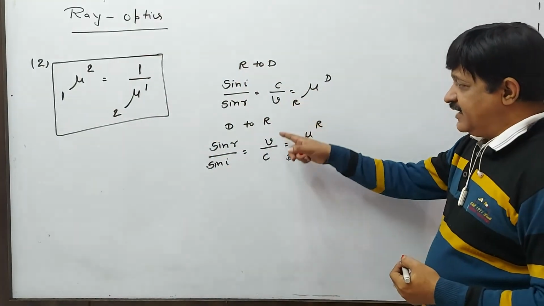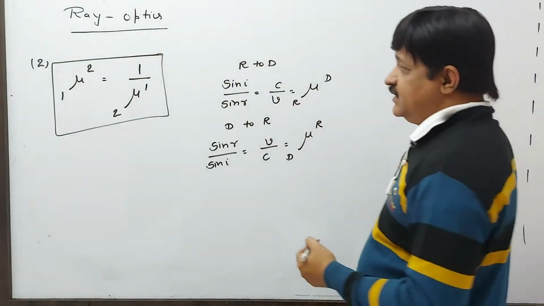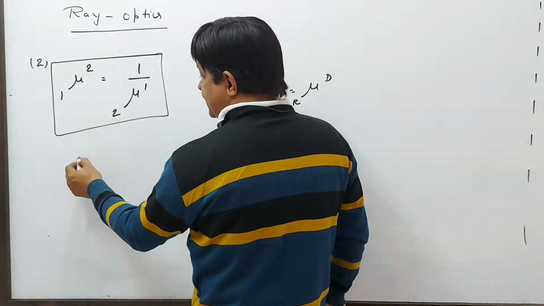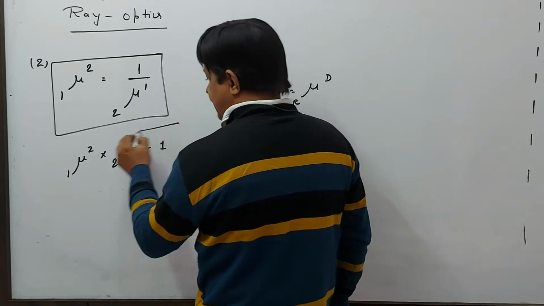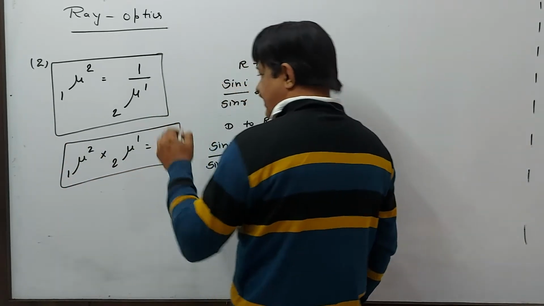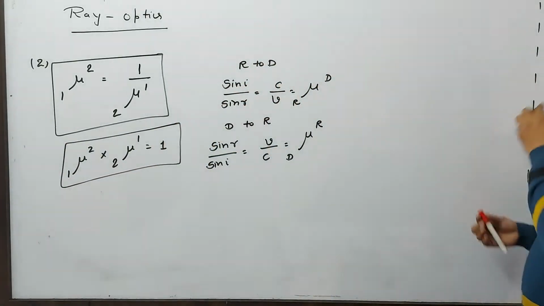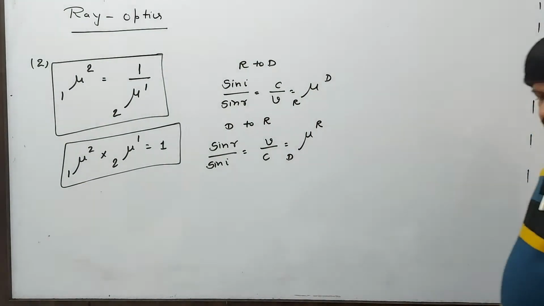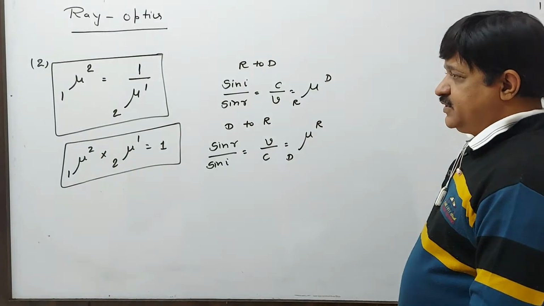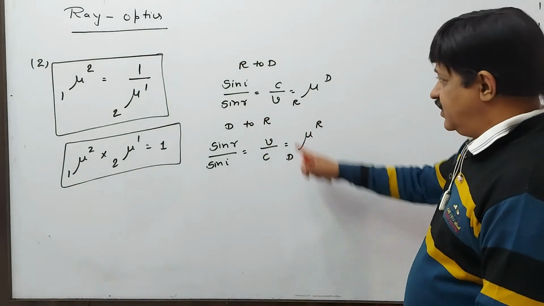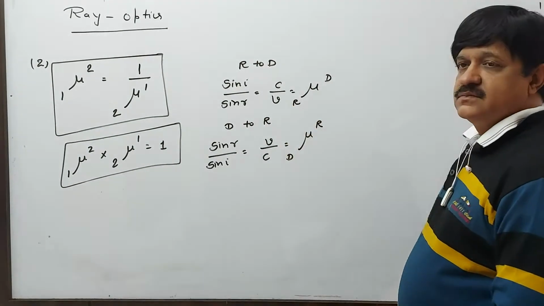You can see C by V and V by C are there. So the product of 1 mu 2 into 2 mu 1 is always equal to 1. Never ignore this concept. Concept number 2. The logic is here only.